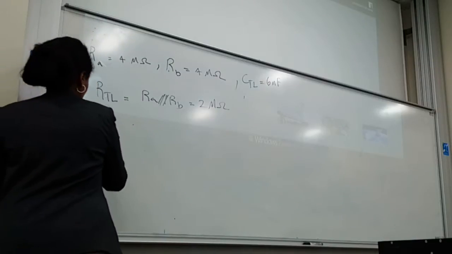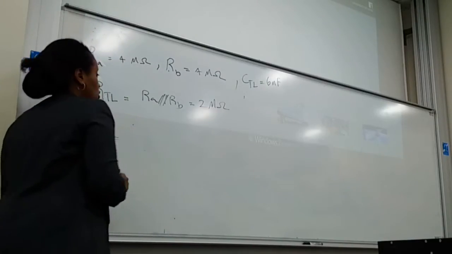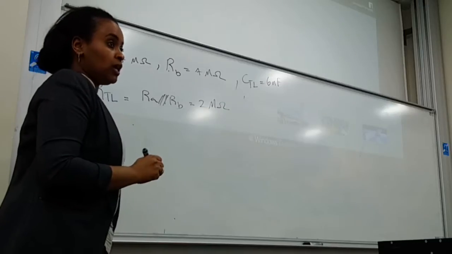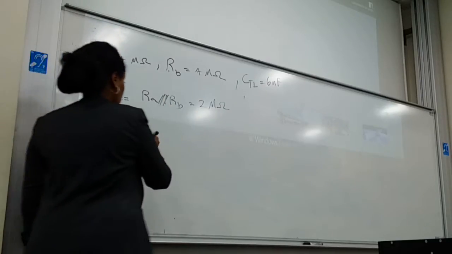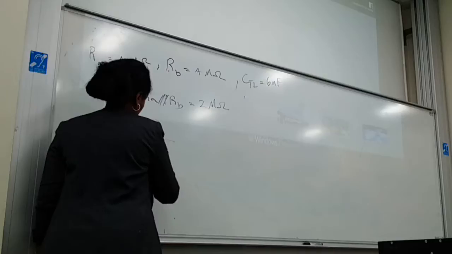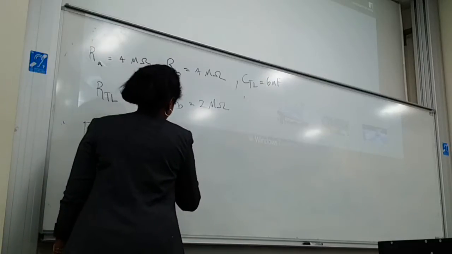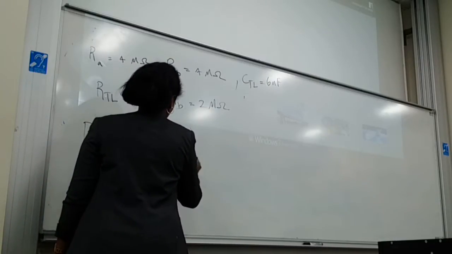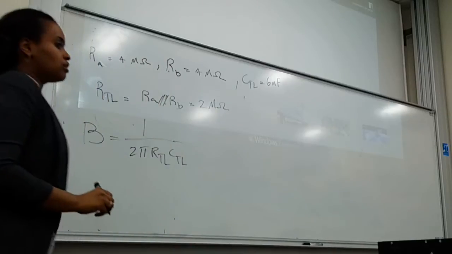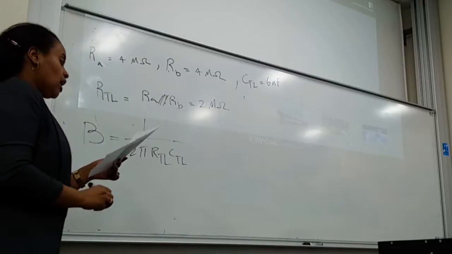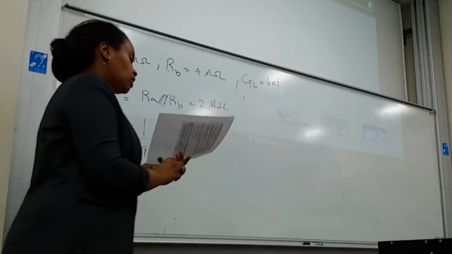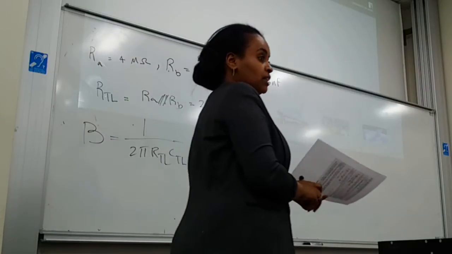So the maximum bandwidth we can obtain without equalization is equal to 1 over 2π R_total C_total. This is a high impedance front end.